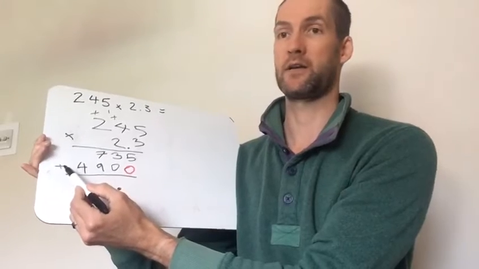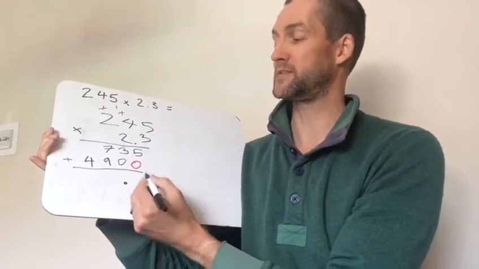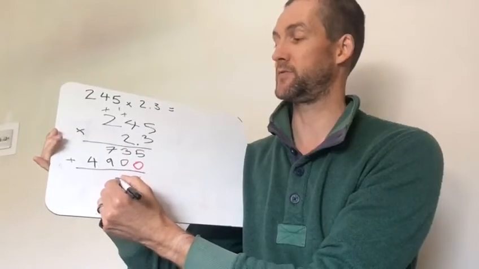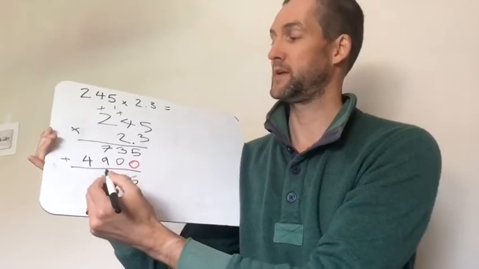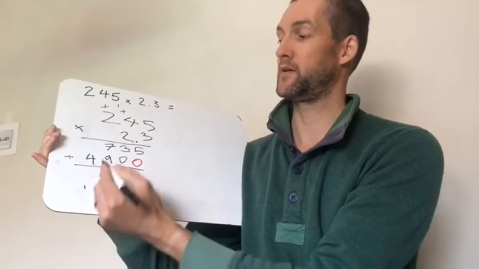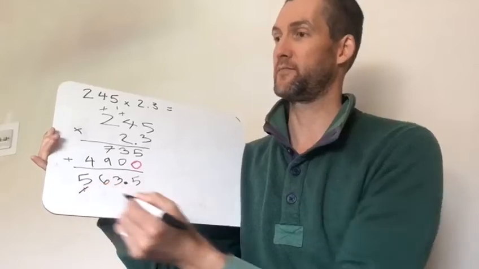Put my addition sign here to remind myself what I'm doing. 5 plus 0 is 5. 3 plus 0 is 3. 9 plus 7 is 16. So we carry our 1. 4 plus 1 is 5.